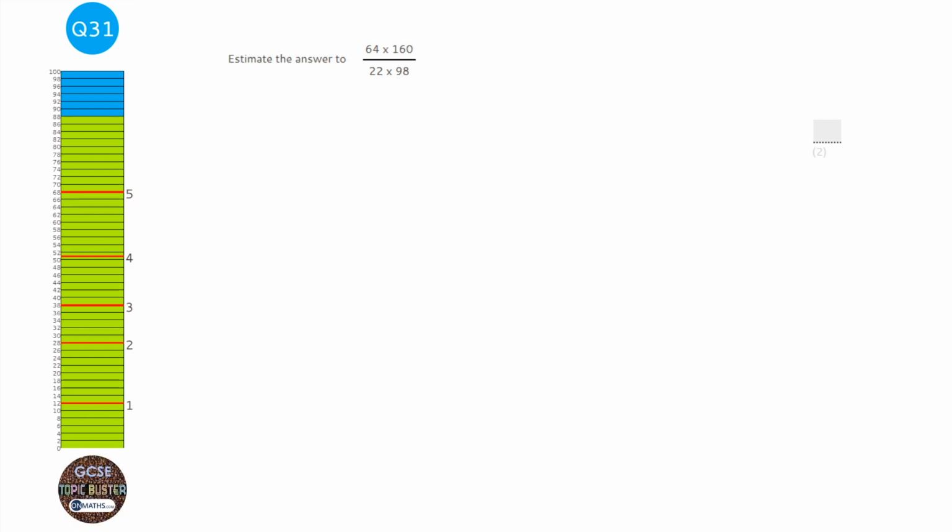Now, for 64, the line goes after the first digit for significant figures. That 6 will stay as a 6 because that 4 is less than 5. And that 4 will just turn to a 0. For 160, the line will go between the 1 and the 6. That 1 will round up to a 2 because the next number is 5 or more.